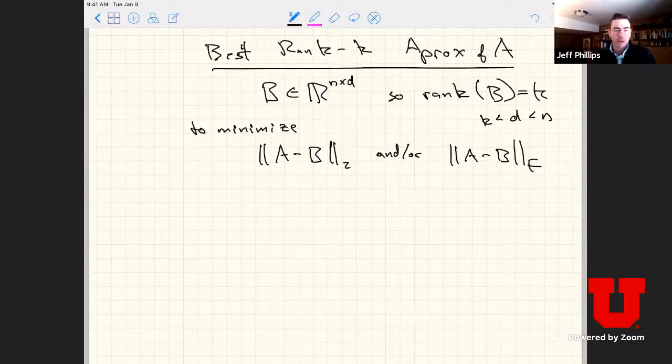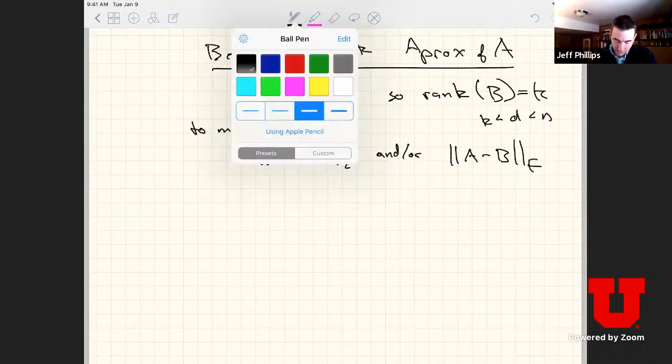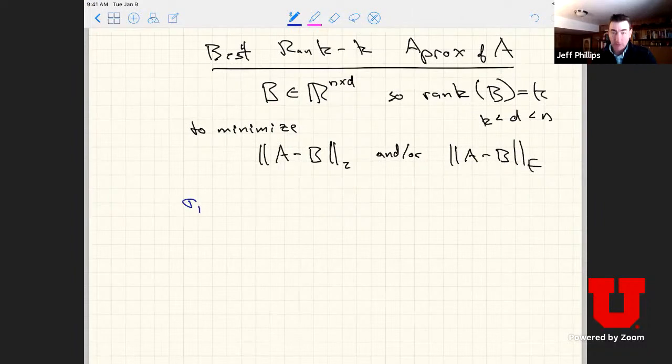So, okay, let's start by remembering what sigma 1 is. Sigma 1 is the top singular value, and it is the square root of the sum over i equals 1 to n of the dot product between a_i and v1, squared.